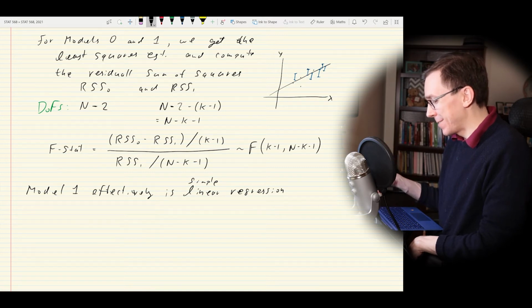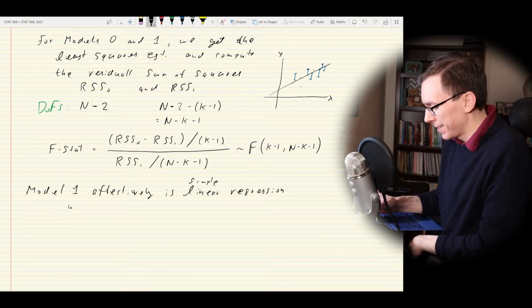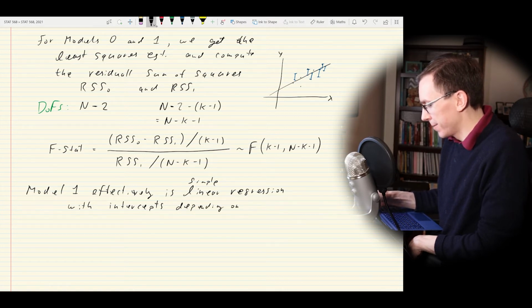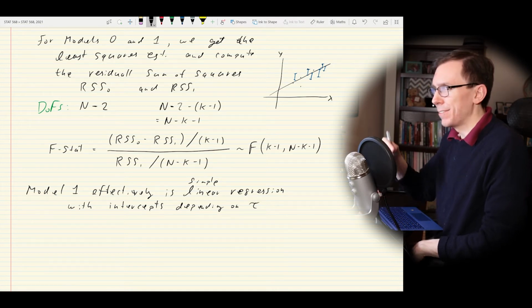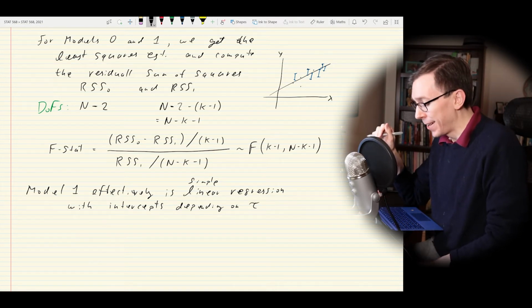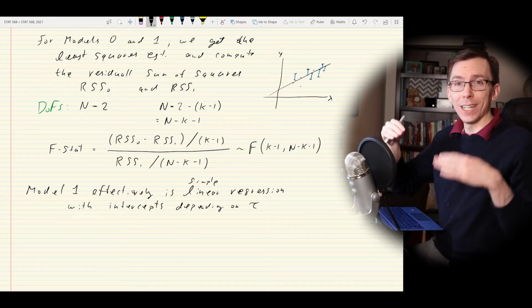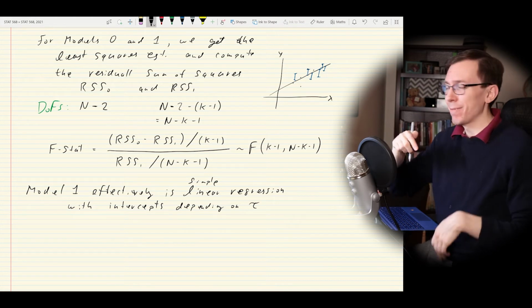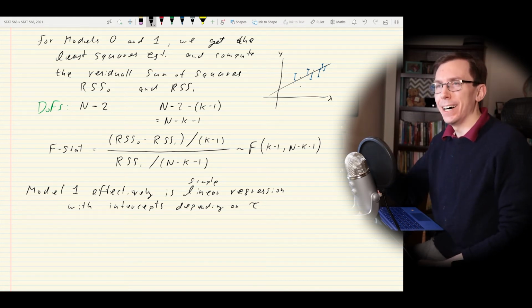But yeah, so model 1 is effectively simple linear regression with variable intercepts depending on tau. I didn't give it an A or a B or whatever, so we'll just say on tau. So it's really like, instead of fitting one line to your data, you're actually fitting k lines to your data, one for every level of tau.